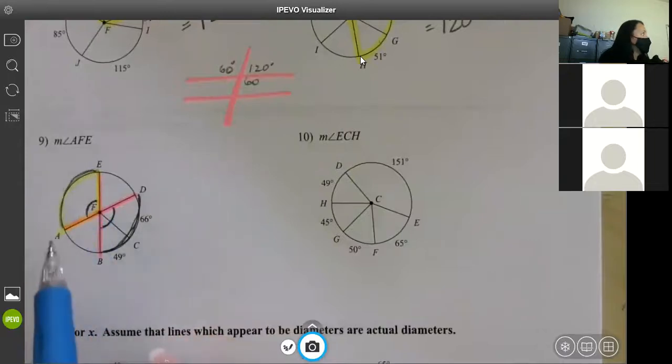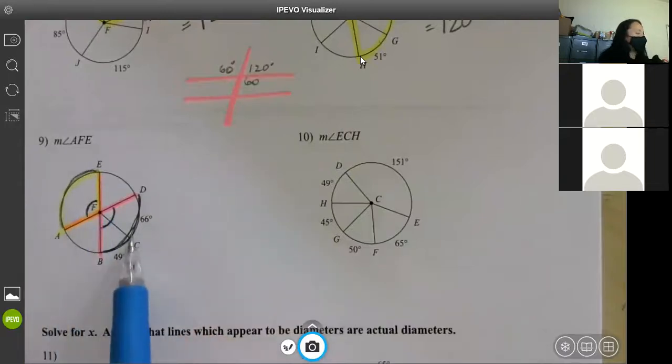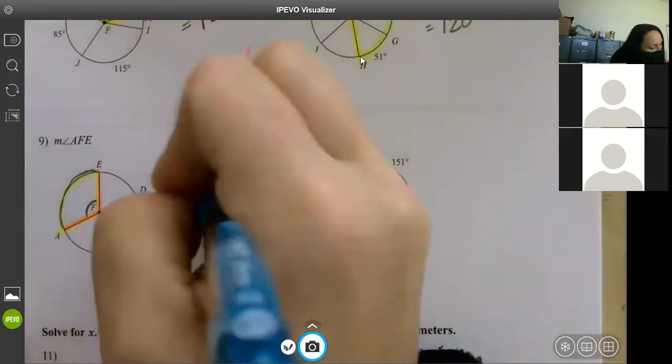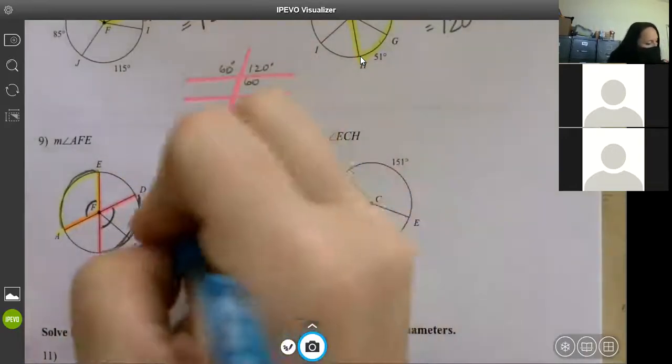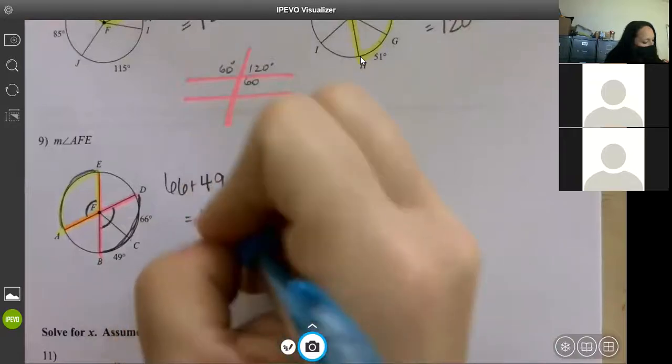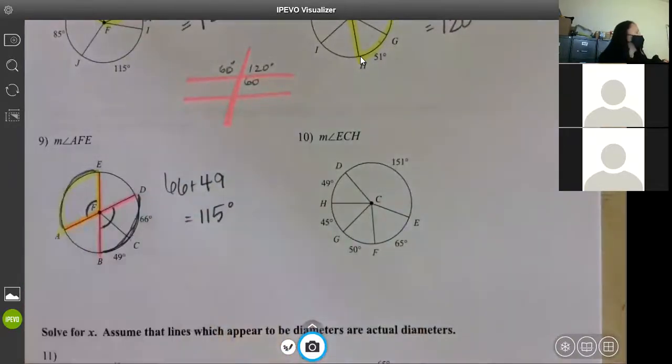Does that make sense? So how do we find this angle or this arc? What is 66 plus 49? Say it aloud. 115. So that means that this side is also 115. Got it? So remember those X, those are called vertical angles. You'll see those a lot within this section, so make sure you remember what they are, okay?